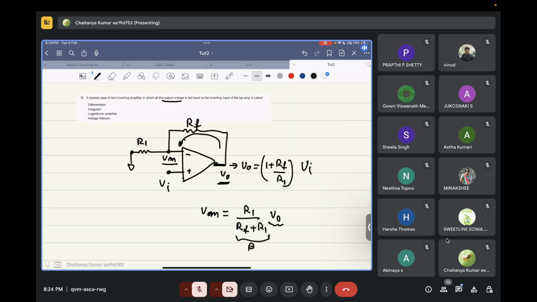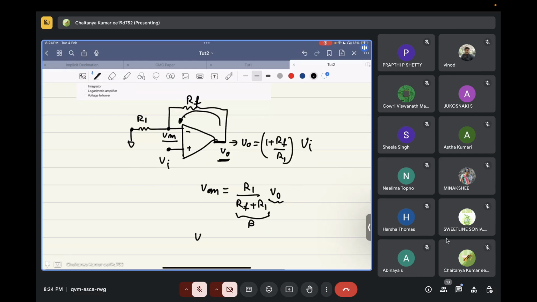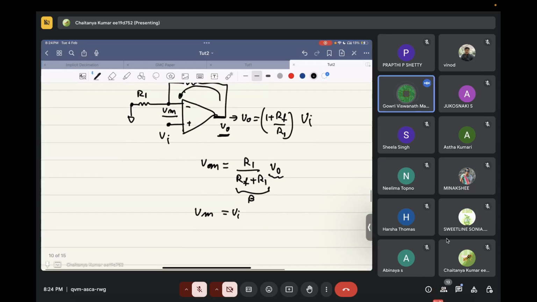And if there is virtual ground, this Vm will be equal to Vi, right? So this will be less than 1, right? You can see this. So R1 by RF plus R1, a voltage divider, will be less than 1, right?